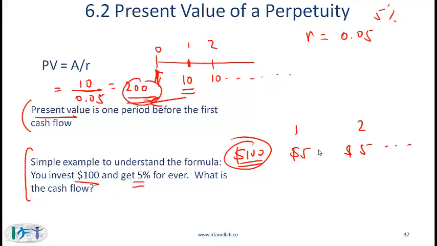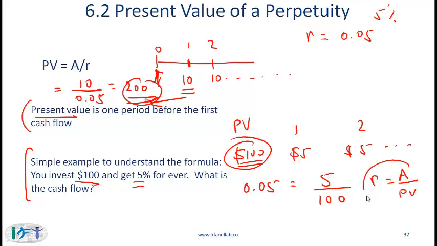So look at the calculation here. The rate of 5%, 0.05, is equal to the $5 which you get at the end of every year divided by the investment. So if we write this as symbols, the rate is equal to the amount, 5 is the amount, divided by the investment amount, which is the present value.